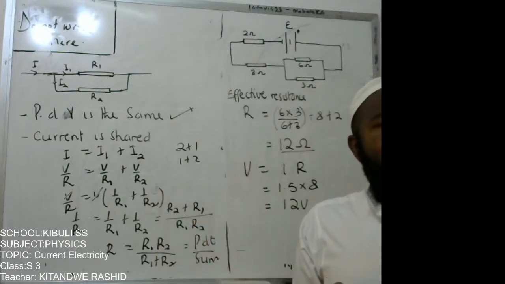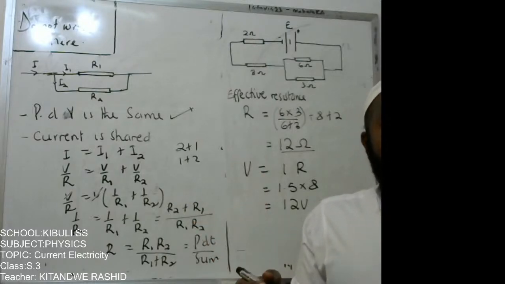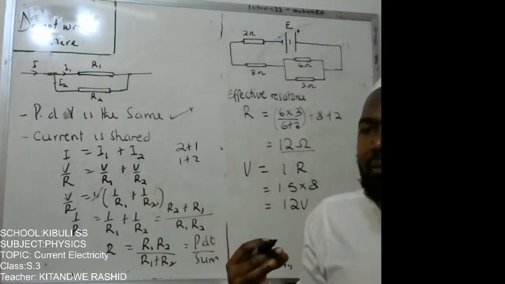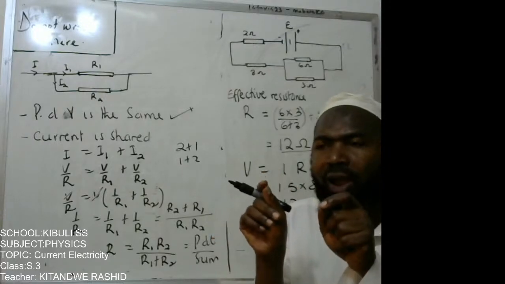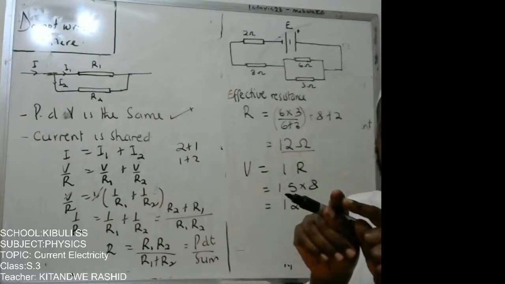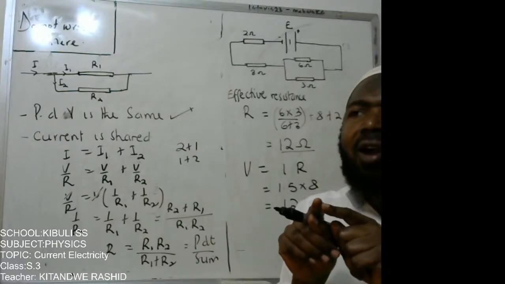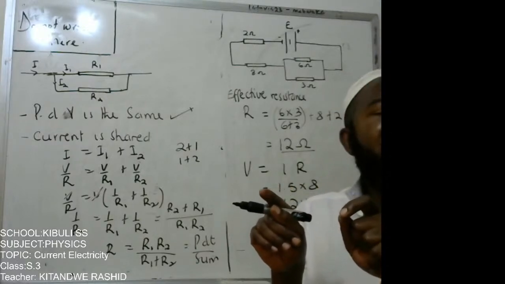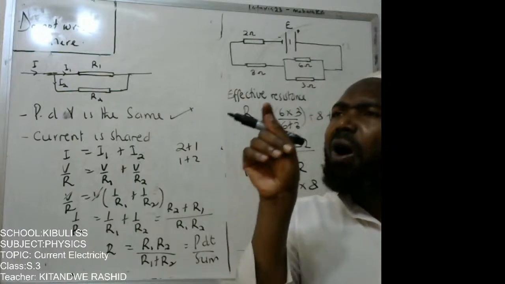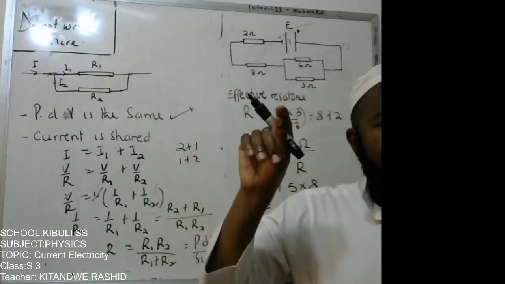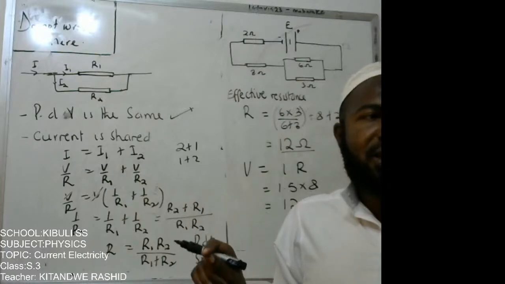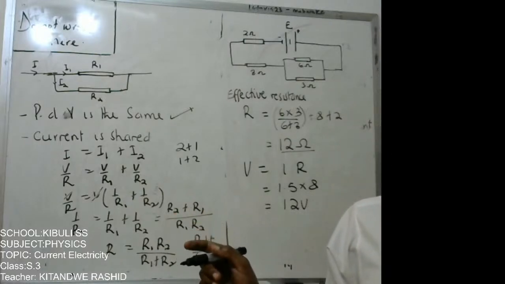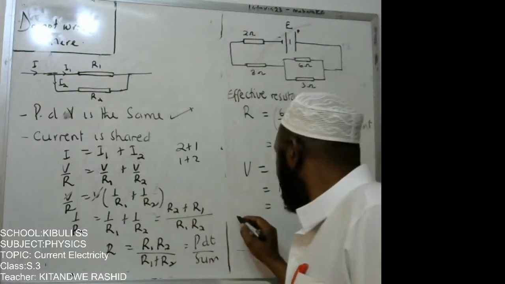Now you are going to realize that the EMF is actually the total PD, because PD is only driving current through 2 points in a circuit. Now EMF is driving current through all points in the circuit. So that implies that EMF of the cell is the total PD of the circuit.